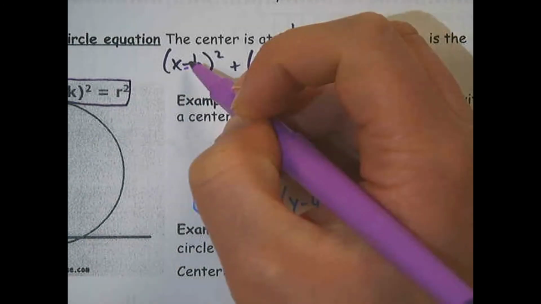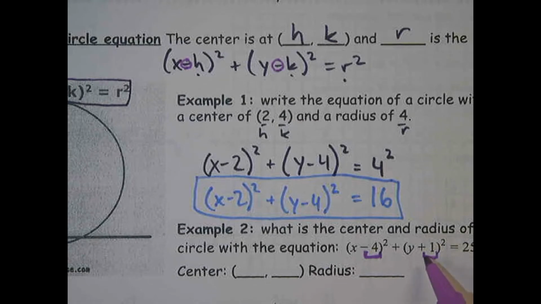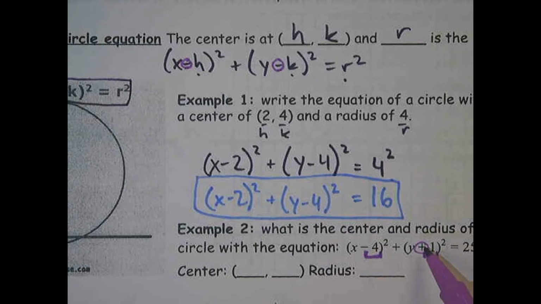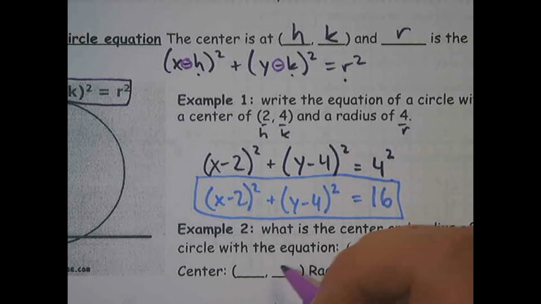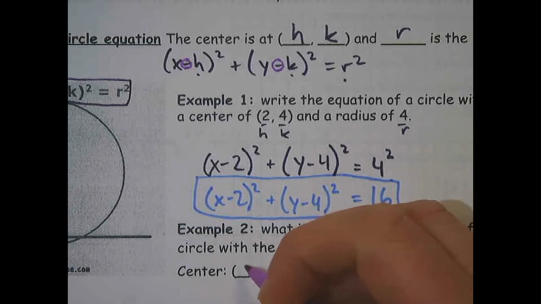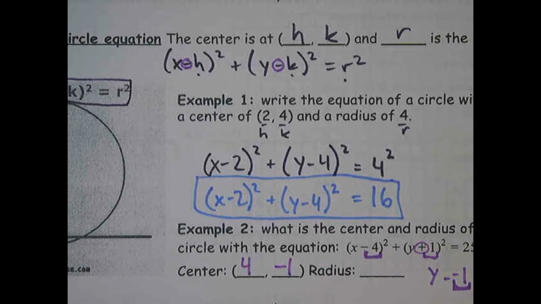So we have a minus here, we have a minus here, we're subtracting. And in here, we're adding. So another way I could write this is y minus negative 1, right? Because minus a negative is like adding a positive. So my y-coordinate for the center is actually going to be negative 1. So anytime it's plus in the middle instead, it's negative for that coordinate. So negative 1 is going to be our y-coordinate, and positive 4 will be our x-coordinate.